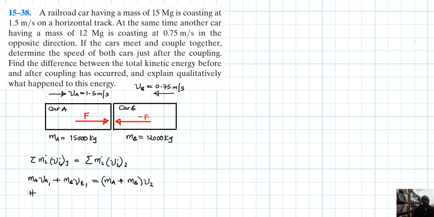So here we'll have 15,000 by VA1, which is 1.5, plus 12,000 by VB, which is just a minus 0.75, equal to 15,000 plus 12,000 times V2.